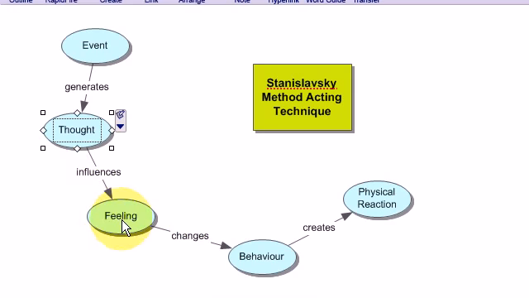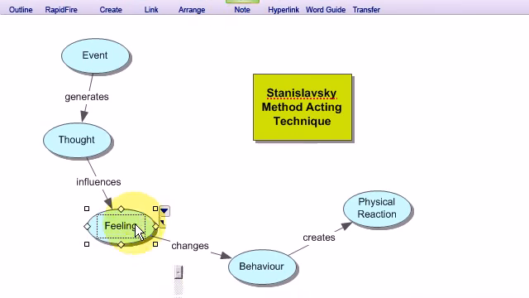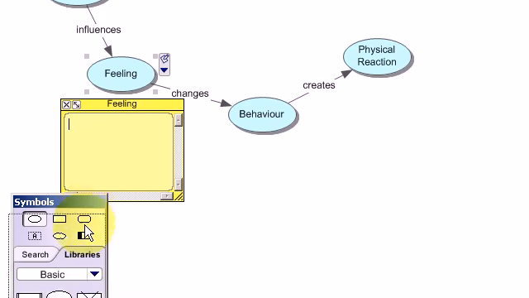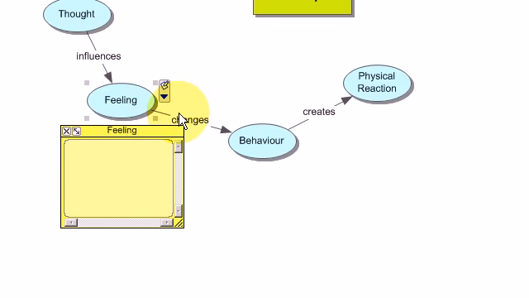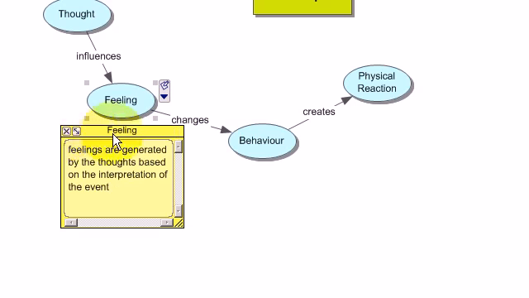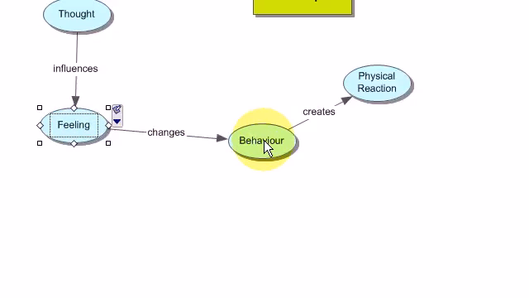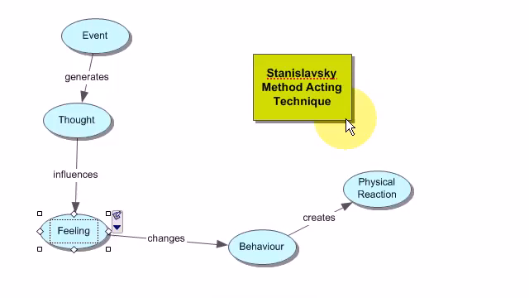I minimize that again. I'm going to move my symbols bar down. Feelings are generated by the thoughts based on the interpretation of the event. And so on and so forth.